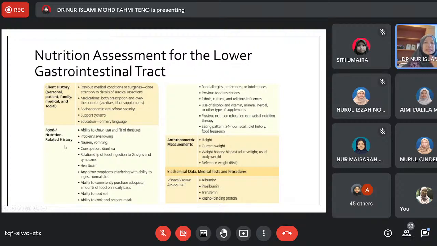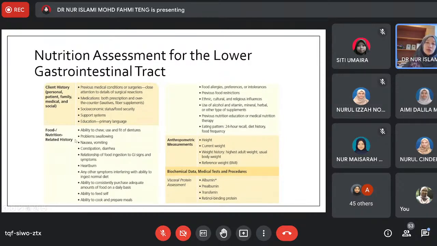We should assess swallowing and chewing ability, and any use of dentures. And then problems related to upper GI disorder, if any, such as nausea, vomiting, constipation, diarrhea, heartburn, and the ability to feed self and the ability to cook and prepare meals.